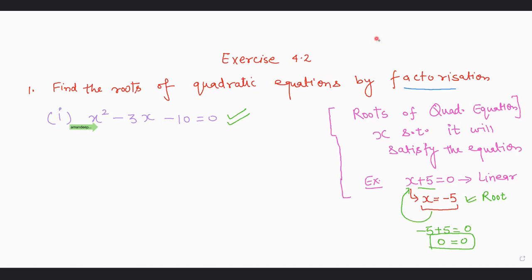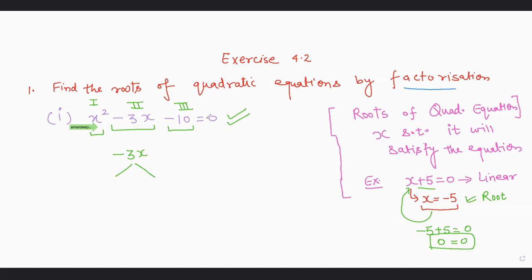So, dear students, in the factorization method, we have to factor negative 3x. In a quadratic equation, we have three parts: first is x square, second is negative 3x, third is negative 10. We have to split 3x such that the product of the factors of negative 3x equals negative 10 into x square.